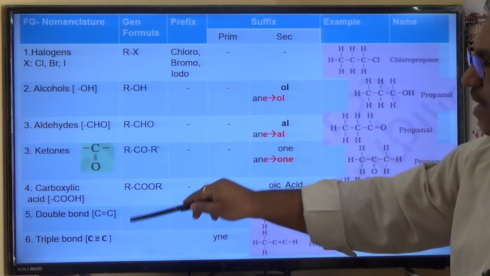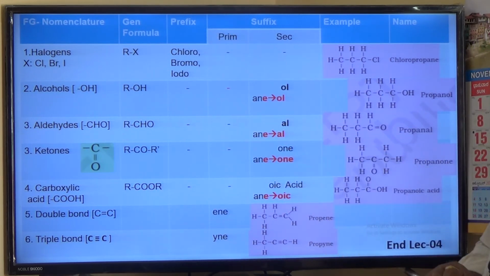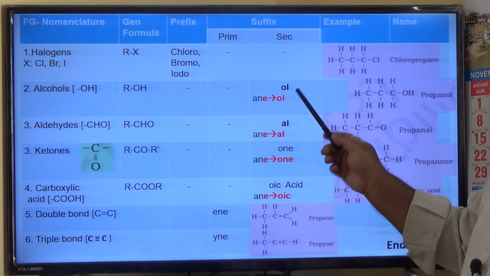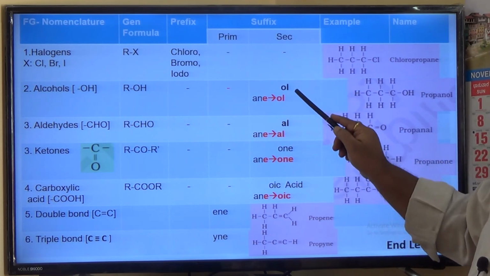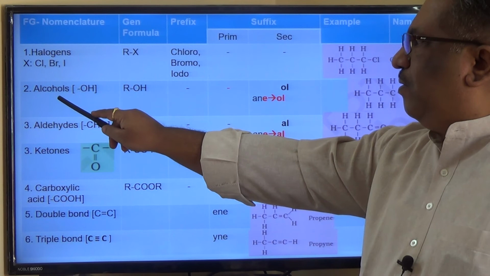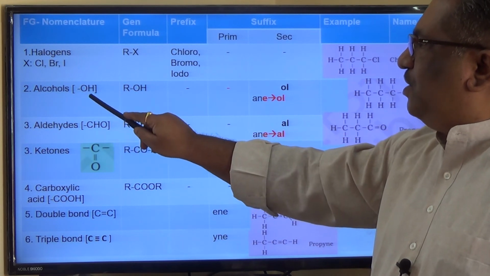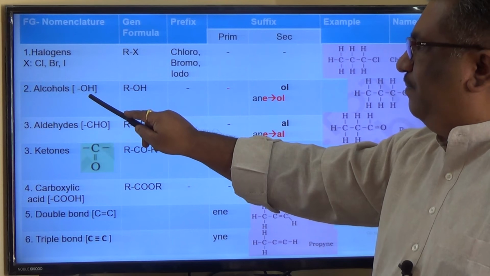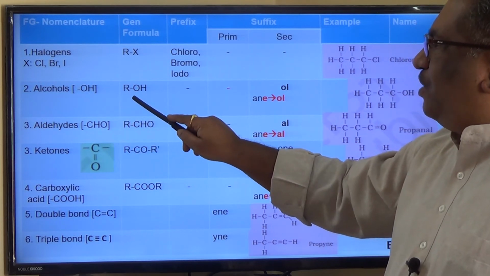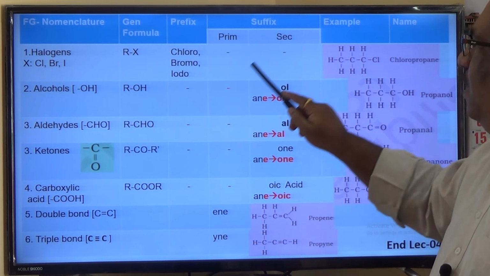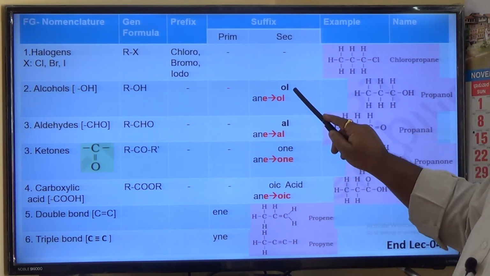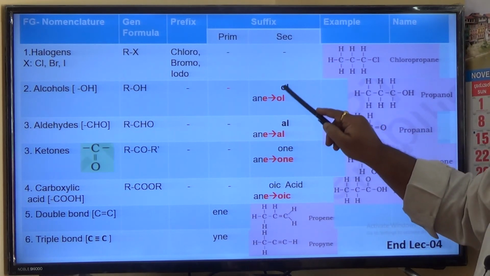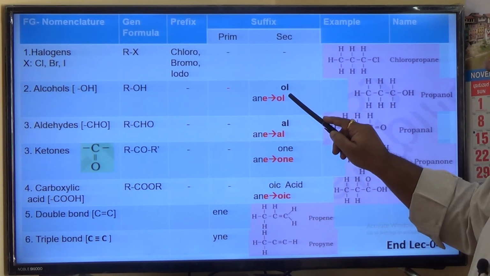For alkanes I am attaching these functional groups. So OL is the secondary suffix. OH is the functional group, also called hydroxyl. General formula ROH, no prefix but a secondary suffix. What is that secondary suffix? OL.